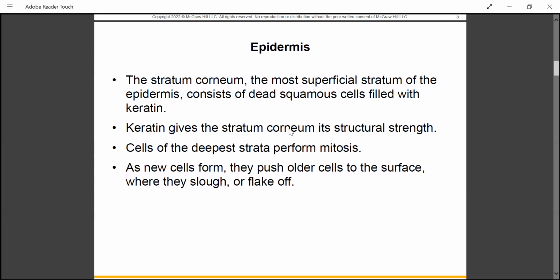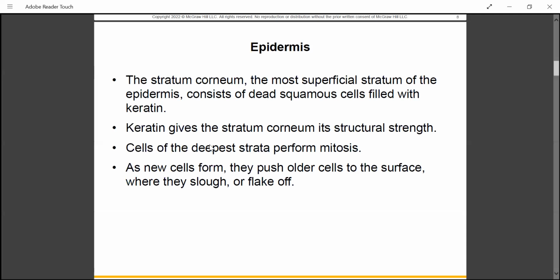So at this point, our cells have filled with this substance known as keratin, or gone through the process known as keratinization. They're keratinized. And so that is a process that hardens our cells. And so all of our cells that are at the surface that are mainly protecting us are dead squamous cells. So they're just like a hardened armor.